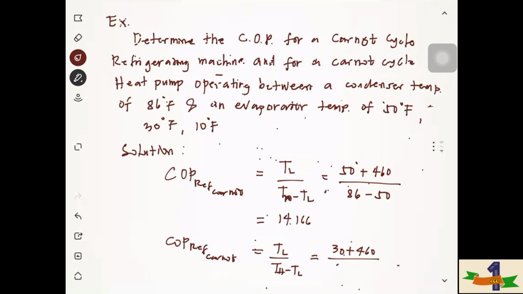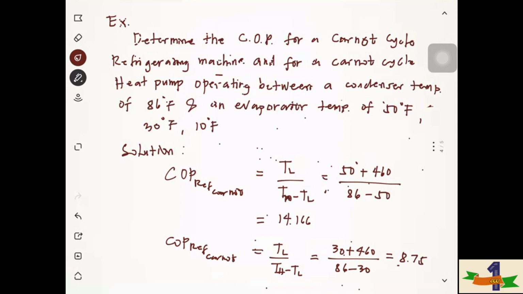So this is 490 over 56, that is 8.75. You may check it in your calculator.